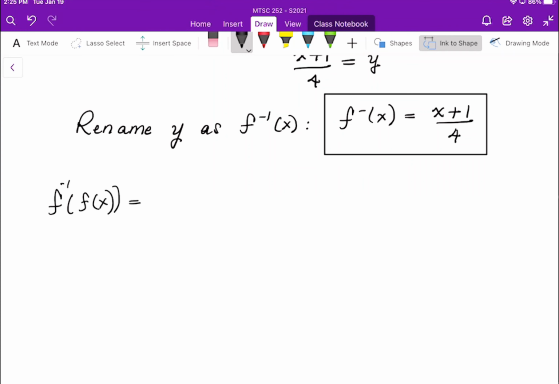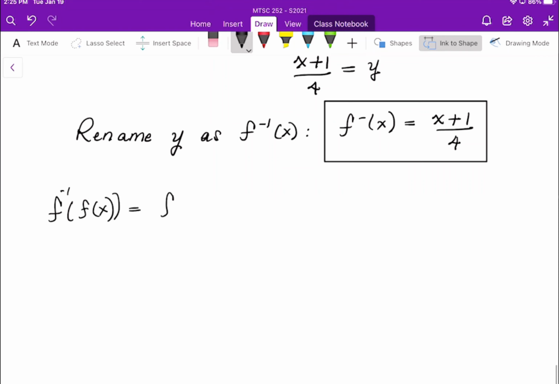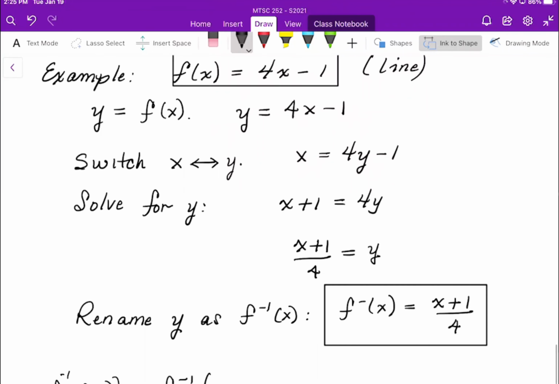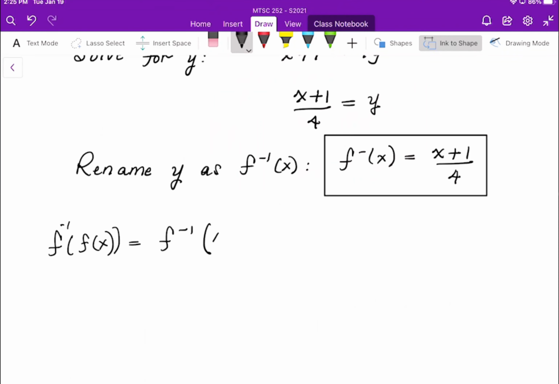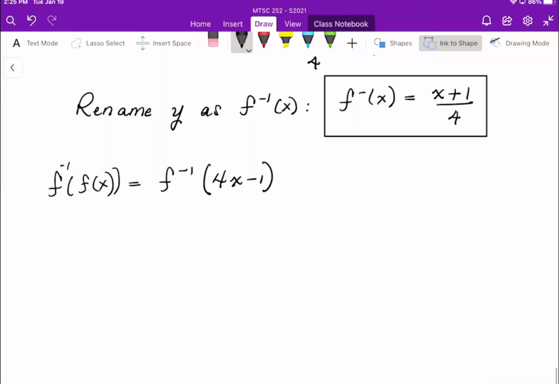Let's see what that means. So that says take f inverse of, what is f of x? f of x is 4x minus 1. So f inverse of that says take everywhere I see x, I'm going to put this value.